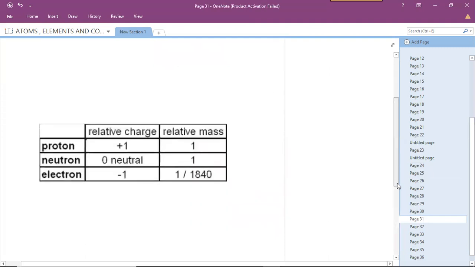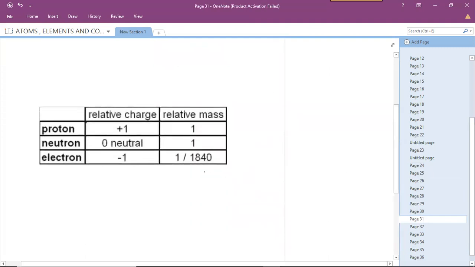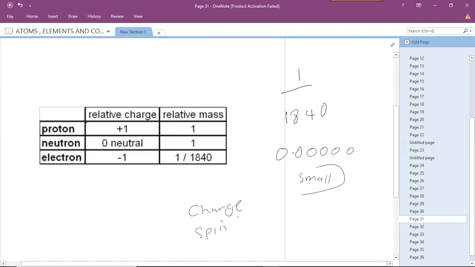Oh, here's the table I was talking about. Do you see how huge this denominator is in terms of an electron? 1 over 1,840 will give you 0.00000 something, showing that an electron is very small. No wonder I said no one has ever seen an electron scientifically. We can only determine the charge of the electron, the spin, and the effect it has on a given element.